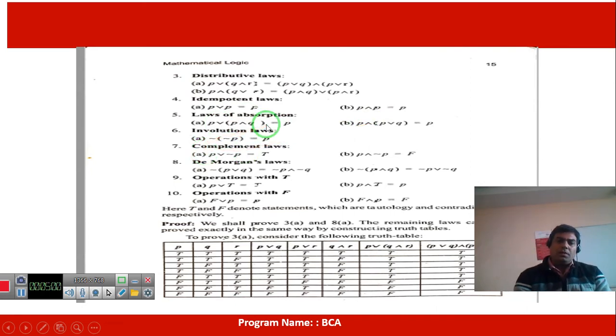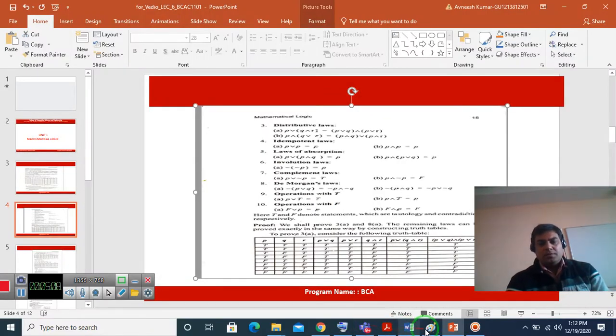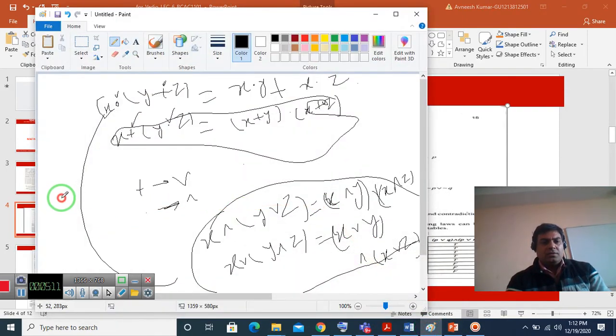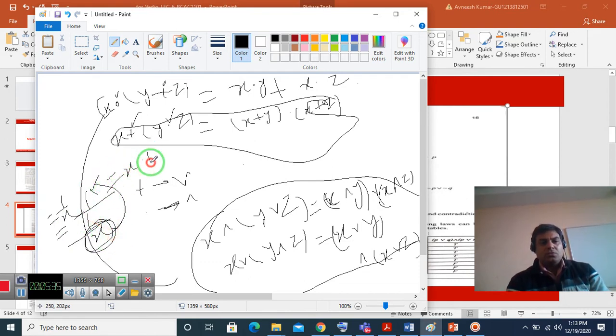Involution law is a double negation. It becomes simply the assertive value. For example, I have already explained in the class, if 1 upon x is written like this, then the denominator of x should be multiplied in this way, x into 1, so it becomes x.